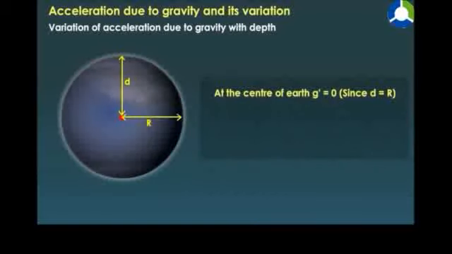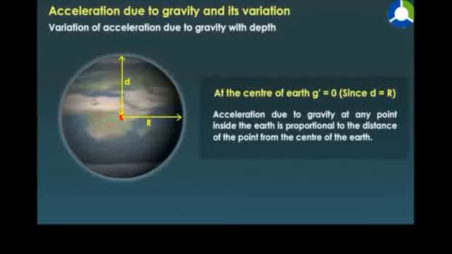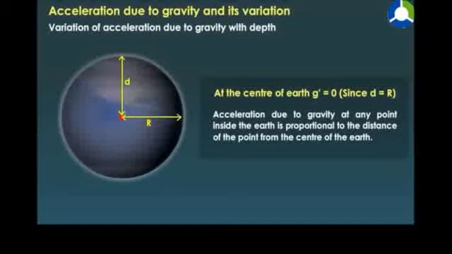At the center of Earth, g' equals 0, since d equals R. Acceleration due to gravity at any point inside the Earth is proportional to the distance of the point from the center of the Earth.